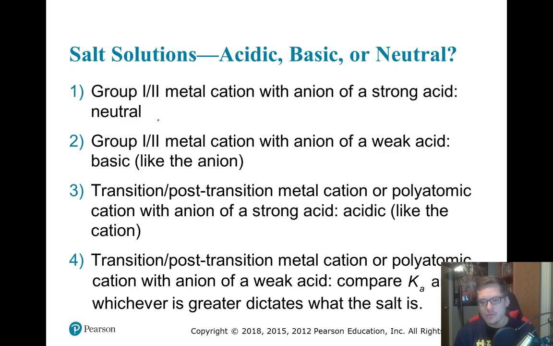If you have a transition or post-transition metal cation or a polyatomic cation with the anion of a strong acid, you will be acidic. And then number 4, a transition or post-transition metal cation or polyatomic cation with the anion of a weak acid, you have to compare the Ka and the Kb, and whichever is greater will dictate what the salt is. This is probably the hardest one to come up with because you have to look at both of those.